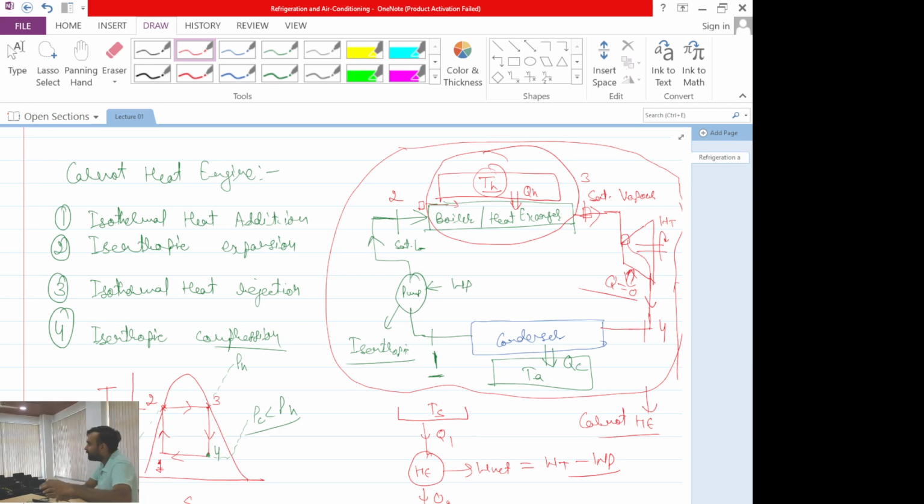Can this operate in a continuous manner? This is the reason why the Carnot heat engine cycle is not possible.